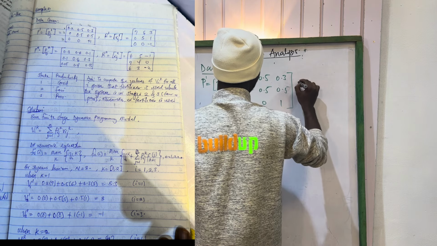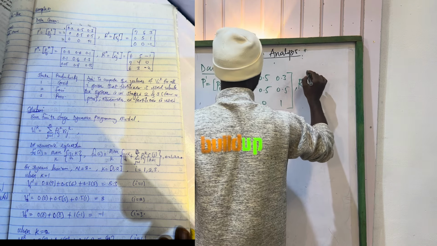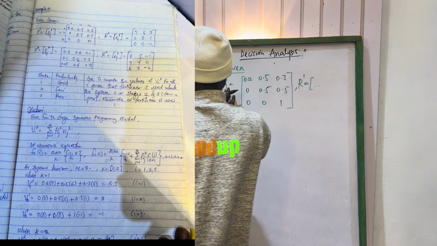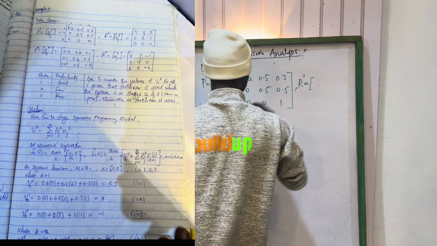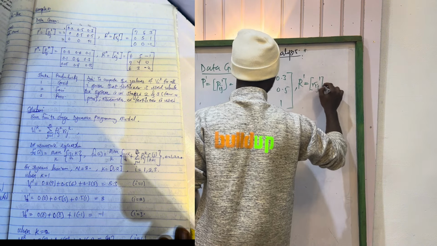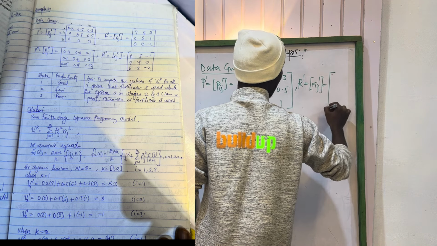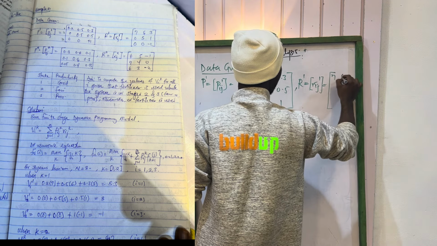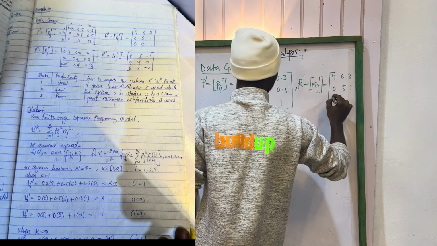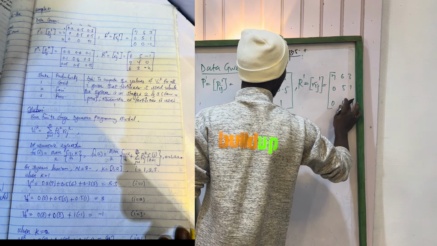Then the return that we are able to get from this particular stage, whereby the farmer does not apply fertilizer, is given as a matrix: 7, 6, 3, 0, 5, 1, 0, 0, minus 1.